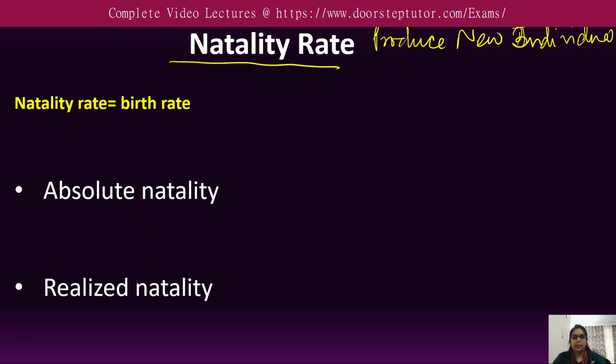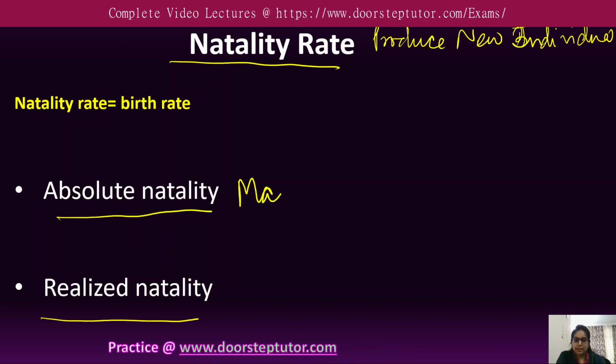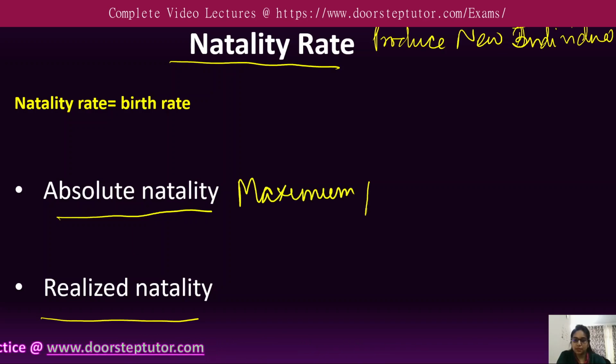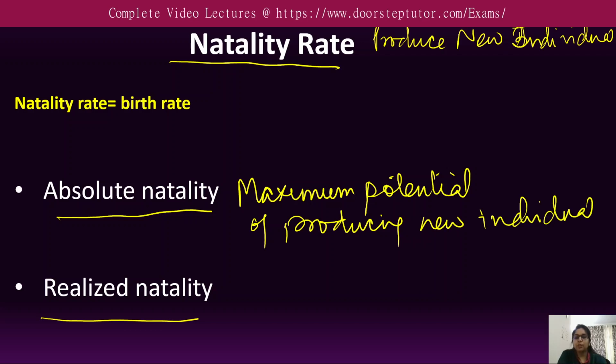Again, it is of two types: absolute natality and realized natality. Absolute natality means the maximum potential of individuals to produce new individuals, the maximum potential to give birth to new individuals.